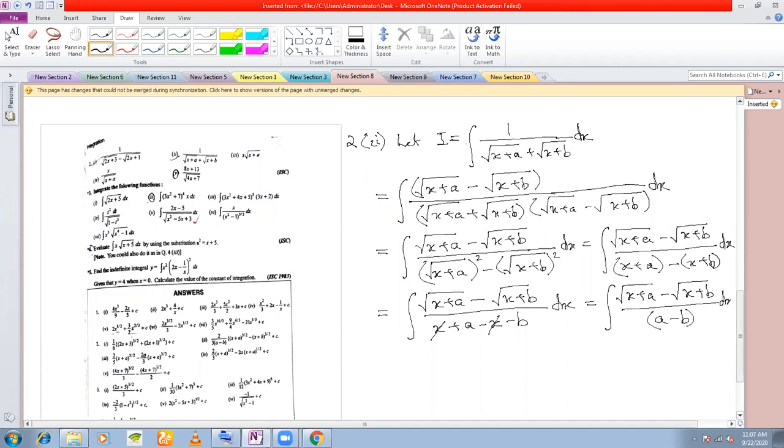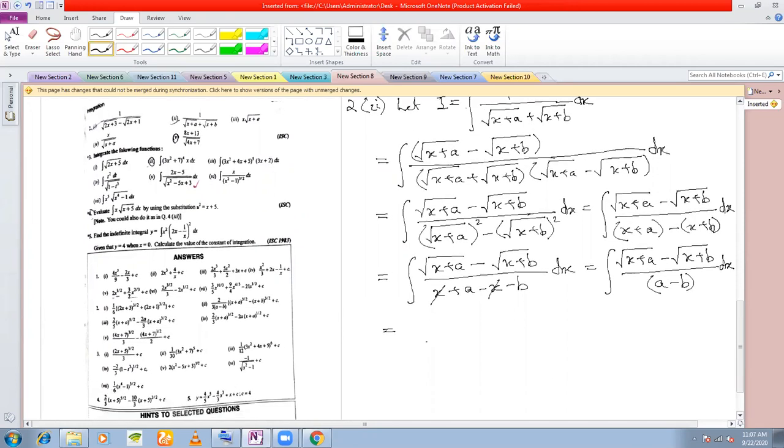dx. Okay. So what happens? See, a minus b is a constant. So 1 by a minus b I can take out of the integration. And what will I be left with? Only root x plus a minus root x plus b. Check whether this step is clear.